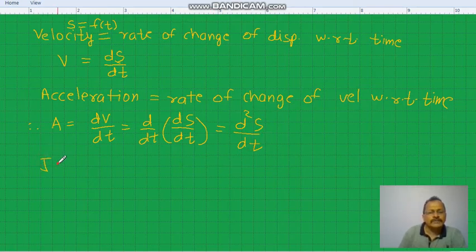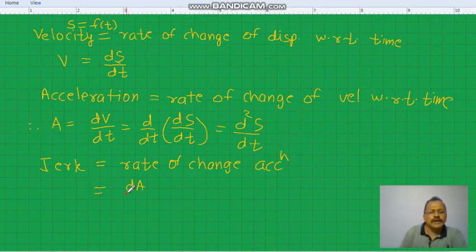One more concept you have studied, jerk. Jerk is nothing but the rate of change of acceleration, and therefore jerk is given by da by dt, that is d2v by dt square, or d3s by dt cube.